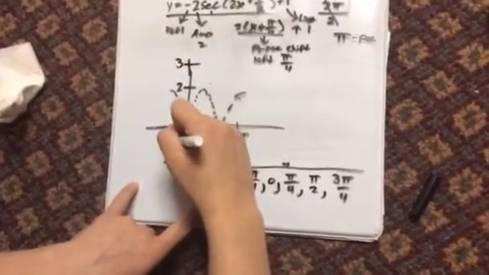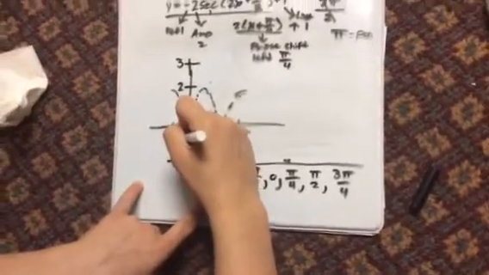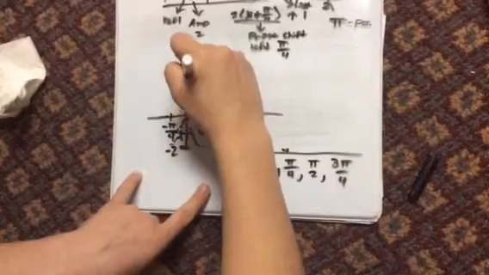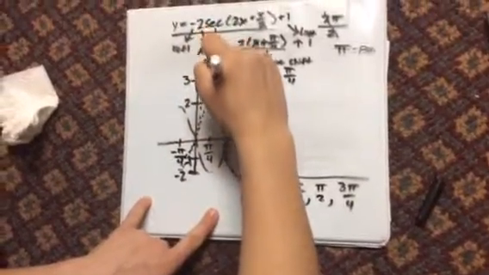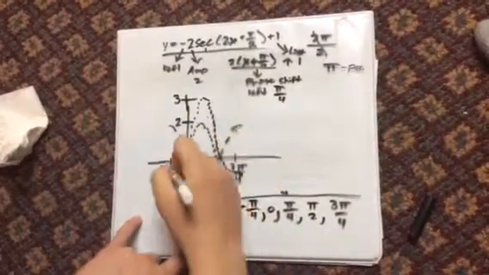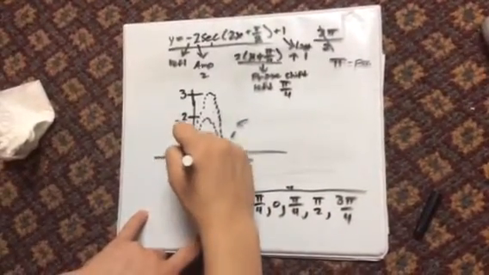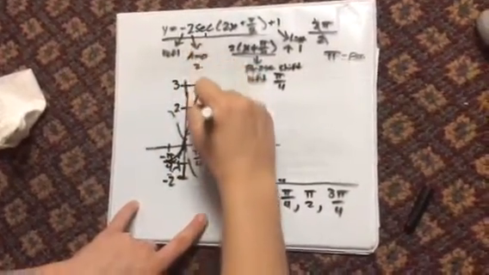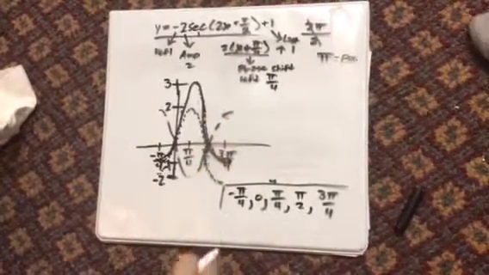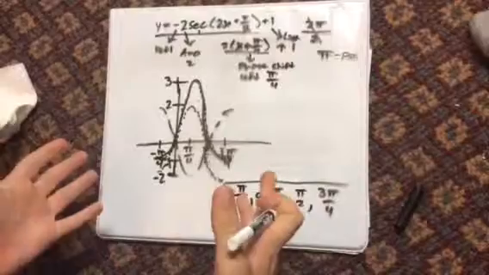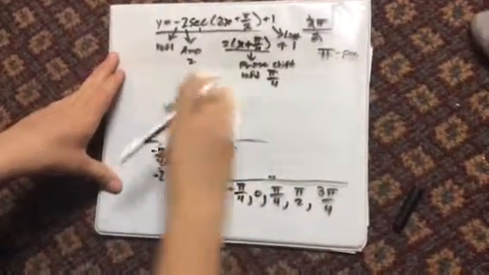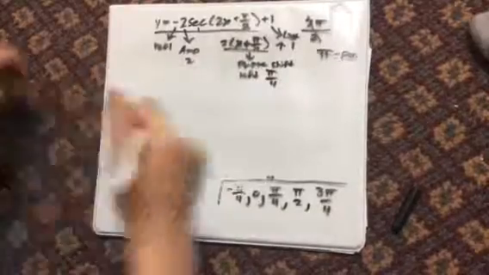So starting right here from pi over 4, you're going to move up here, down, and then just finish right there. So actually that's going to be the final graph, just like that. Sorry, it's a little bit difficult to see, but this is going to be our final graph. And I'm actually just going to erase this really quick, and I'll show you one last time what it looks like.